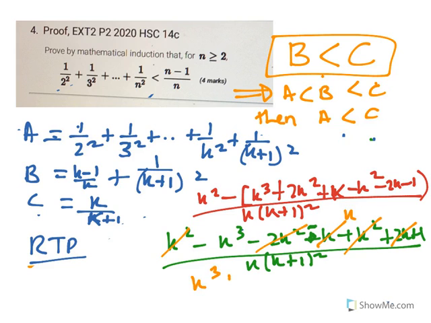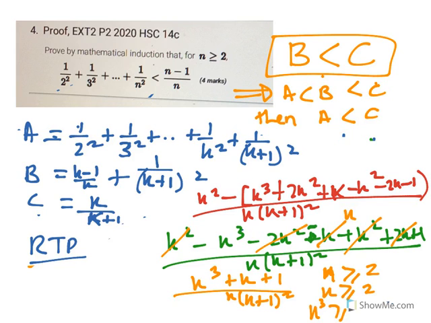So we have k cubed plus k plus 1 all over k plus 1 squared. Now, n is greater or equal to 2, so k must be greater or equal to 2. So k cubed is greater or equal to 0, because k is greater than or equal to 2. k is greater or equal to 0 because of the same reason. So that whole top line there is positive. The bottom is positive as well. So therefore the whole thing is greater than or equal to 0. So it's true.